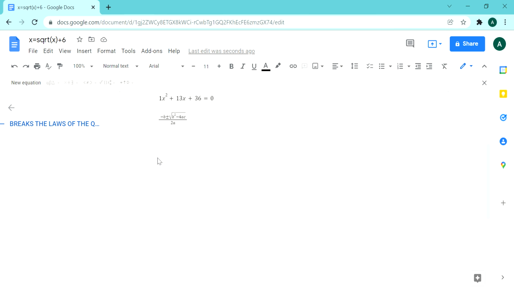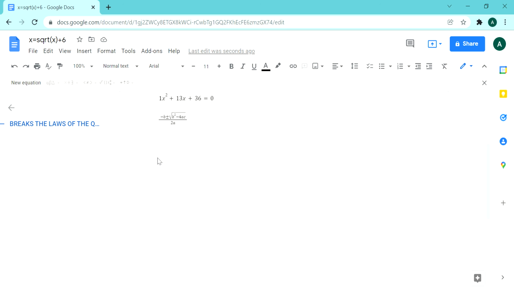So b is 13 plus or minus square root of 13 squared minus 4 times 1 times c, 36, over, well, 2a, which is 2 times a, which is just over 2. So 13 squared, 169. 4 times 36 is 144.